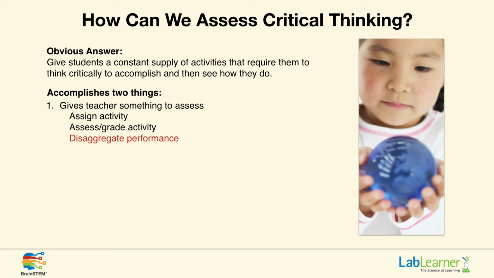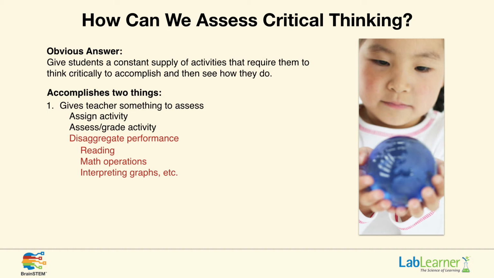So now you've got your assessment. But what we should really be thinking about is taking it one additional step, and that is to disaggregate that performance. What I mean by that is when you have given them a critical thinking task and you grade how they did, you can look at their performance and break it down.